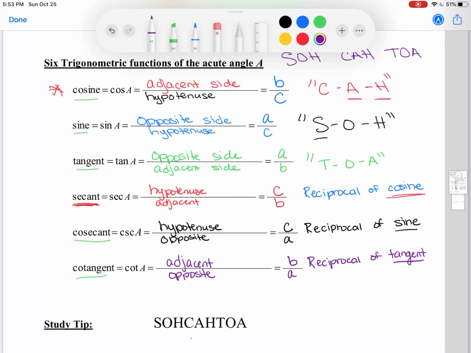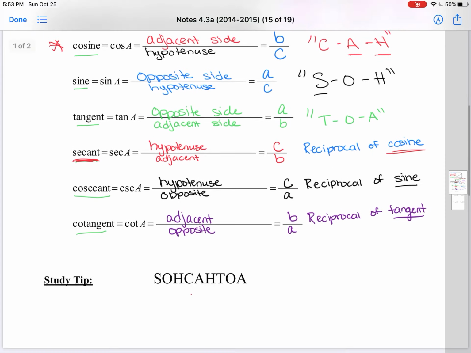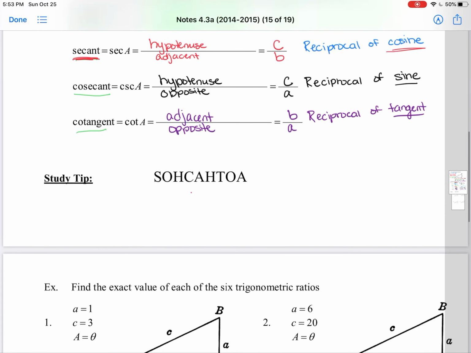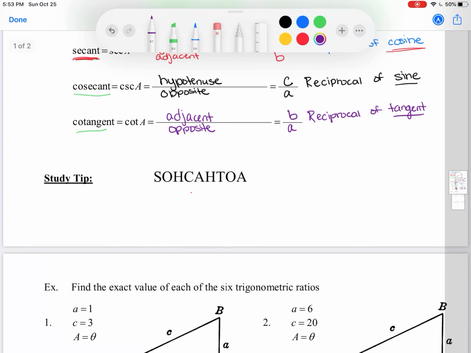Adjacent divided by opposite. So my adjacent side is B, and my opposite side is A. So we're just filling out our 6 trigonometric functions and finding their respective sides.